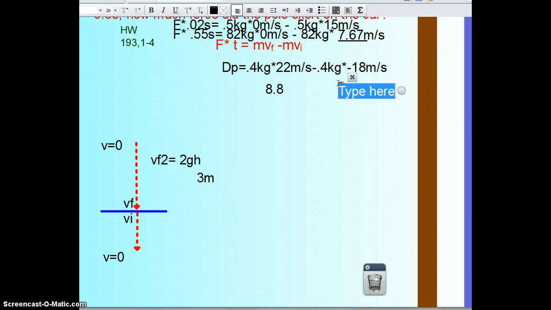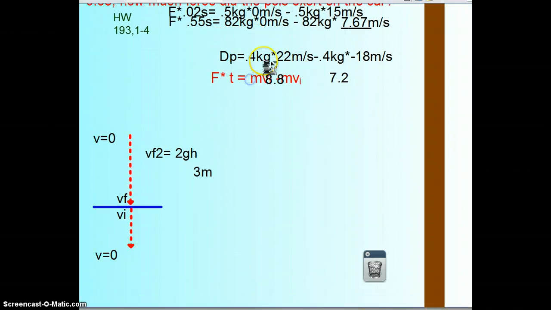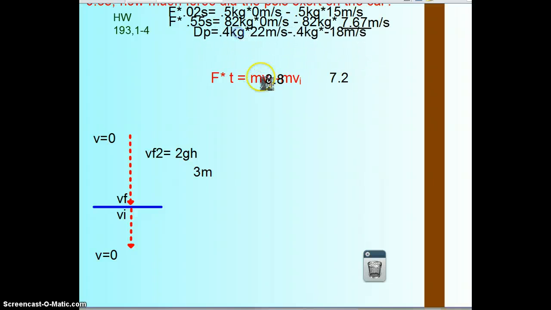And over here, 0.4 times 18, I got 7.2. When I add these up, because subtracting a negative is just like adding it, I get a change of 16. 16 kilogram meters per second would be the answer for number 3. So kind of bring that up here.